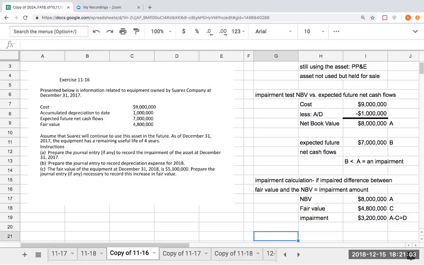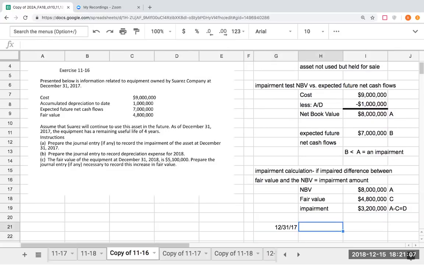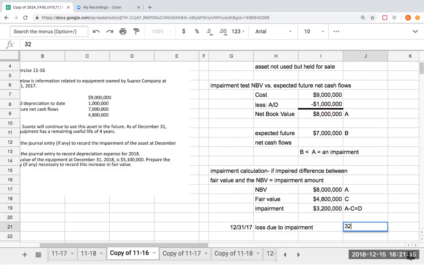On 12/31/17, I'm going to have a loss due to impairment of $3.2 million. Where this is shown on our income statement depends upon the materiality.